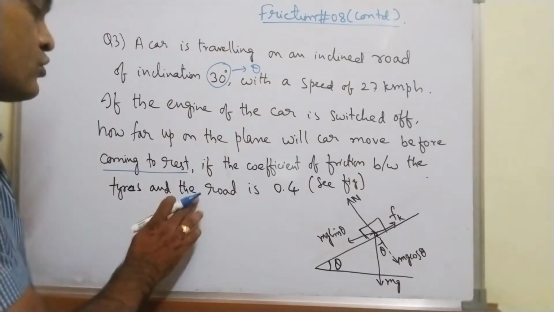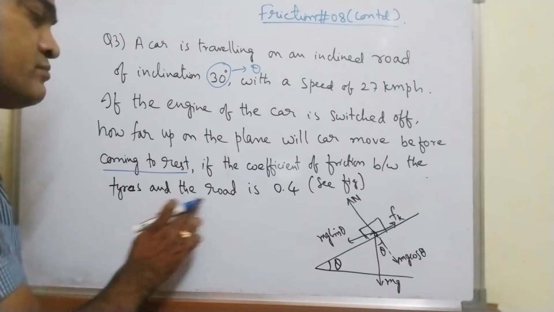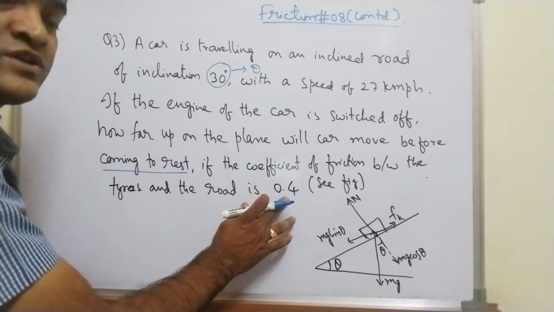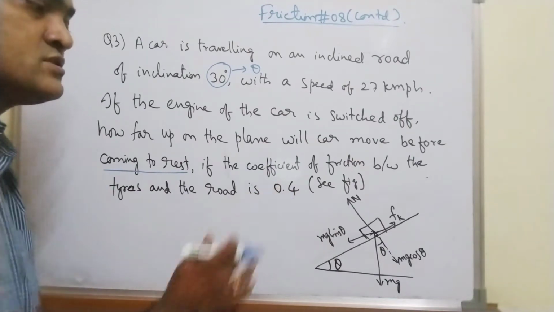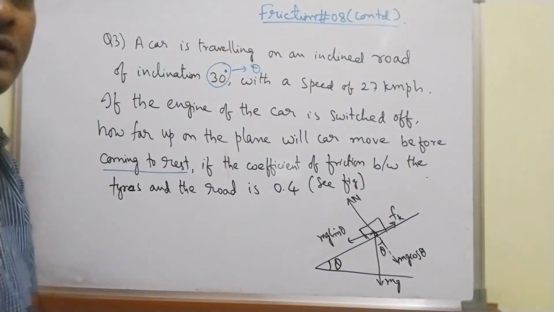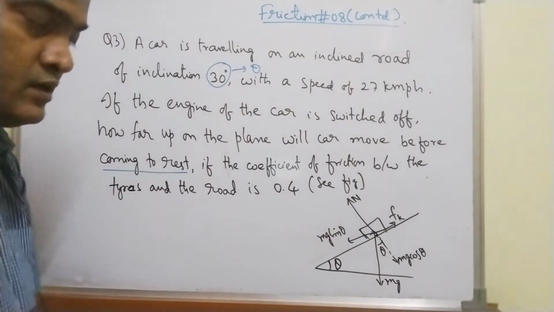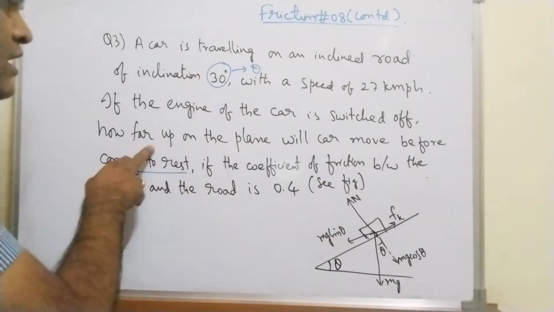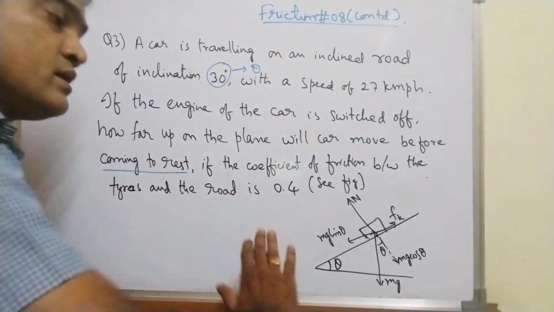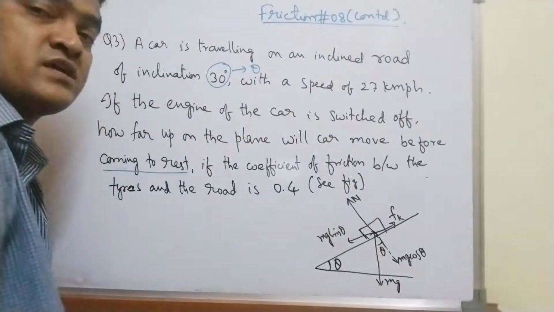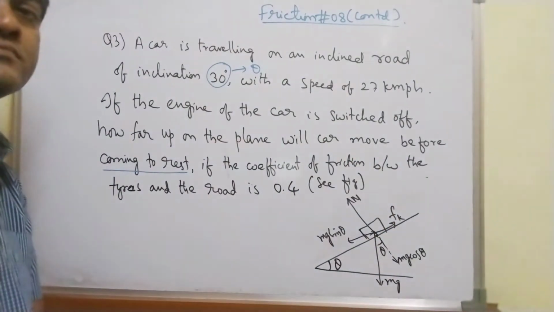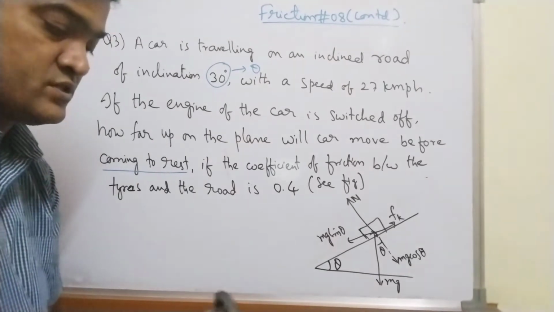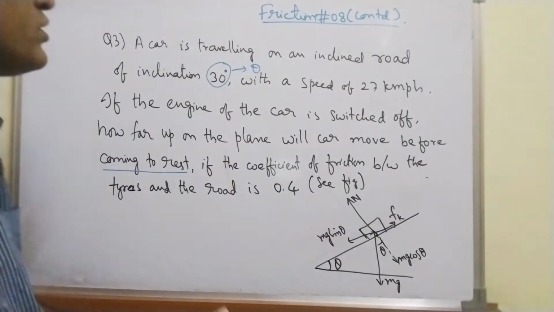The coefficient of friction between all the tires and the road is given as 0.4. So how far up the plane will it move before coming to a stop? In this case, what are you going to do?